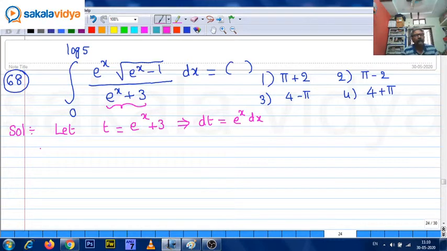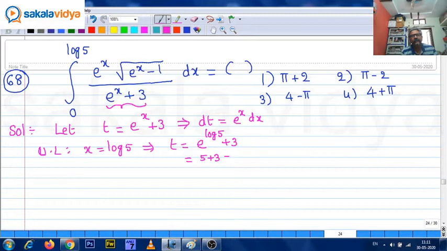Upper limit we have x equals log 5, that is t equals e to the power of log 5 plus 3. Very interesting this is. E to the power of log of something is something. 5 plus 3 is 8. Now upper limit has been changed to 8.